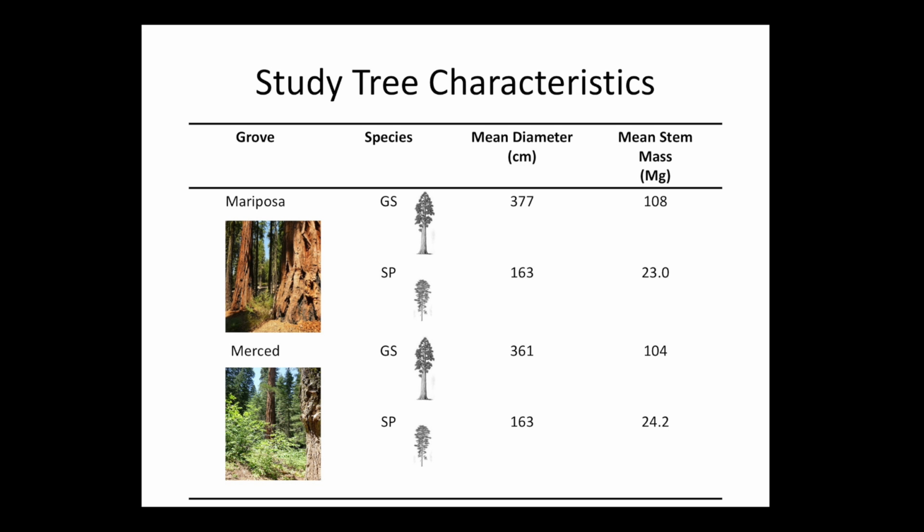Just the single stem of a giant sequoia tree has about the equivalent mass of 130 VW Beetles. Okay, so it's pretty big. But, you know, the sugar pine is stately in its own right. It has an equivalent mass of about 30 VW Beetles. So not too bad. It made a pretty good comparison between the two.